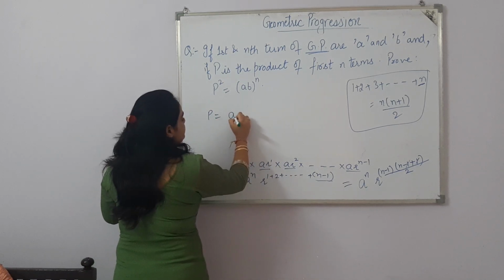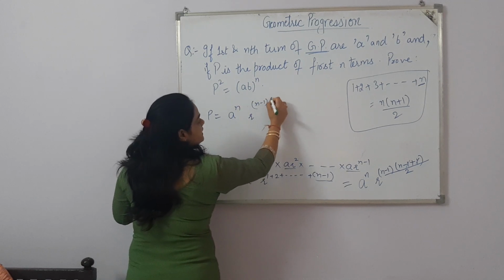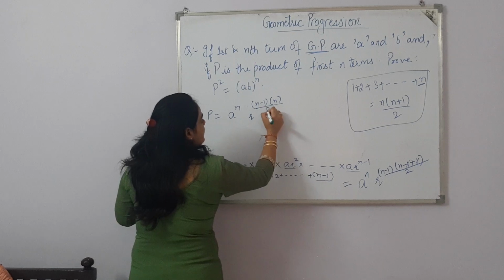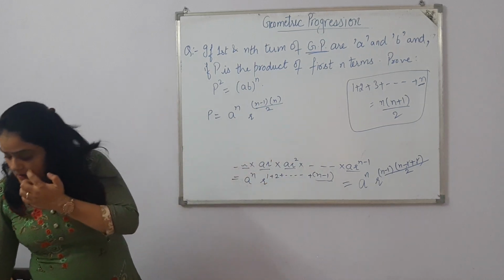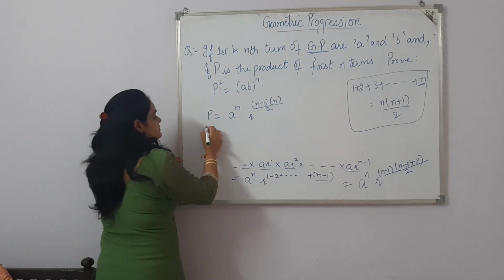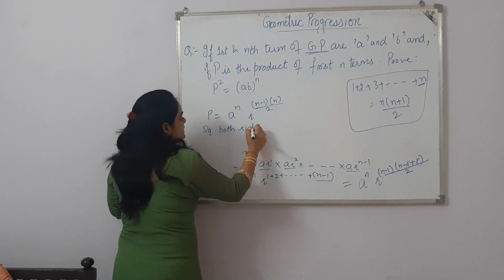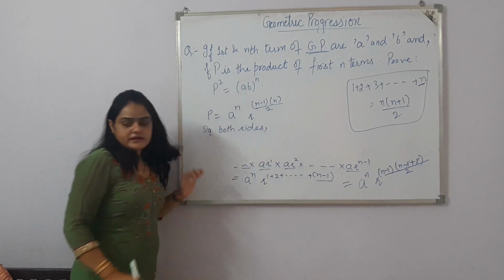It is a raised to power n, r raised to power (n minus 1) n upon 2. We have this, but we need to prove P squared. That means squaring both sides.